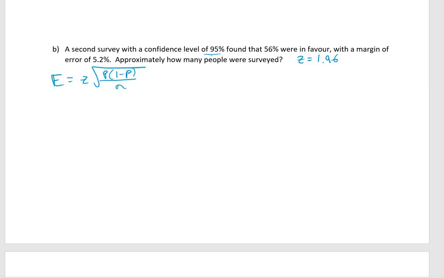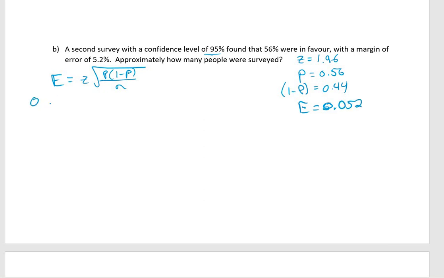And it's algebra time to solve for N. So P was equal to 0.56. So 1 minus P is equal to 0.44. And we'll sub everything in. And our E value is 5.2, or 0.052.